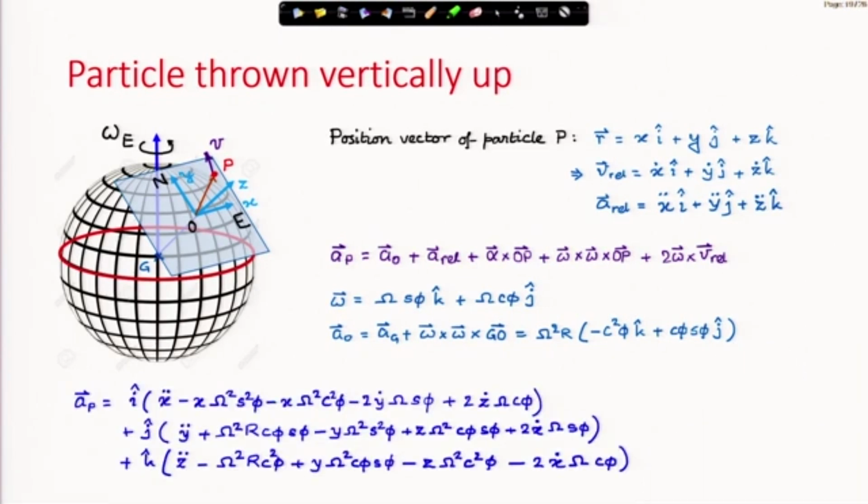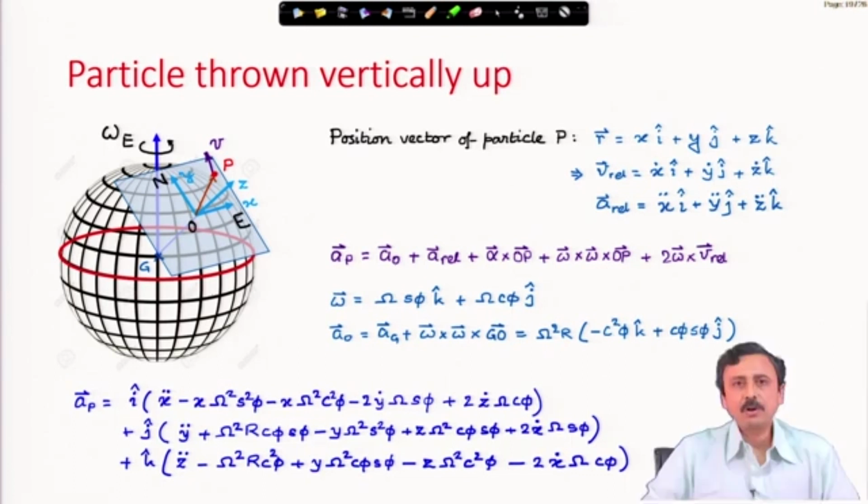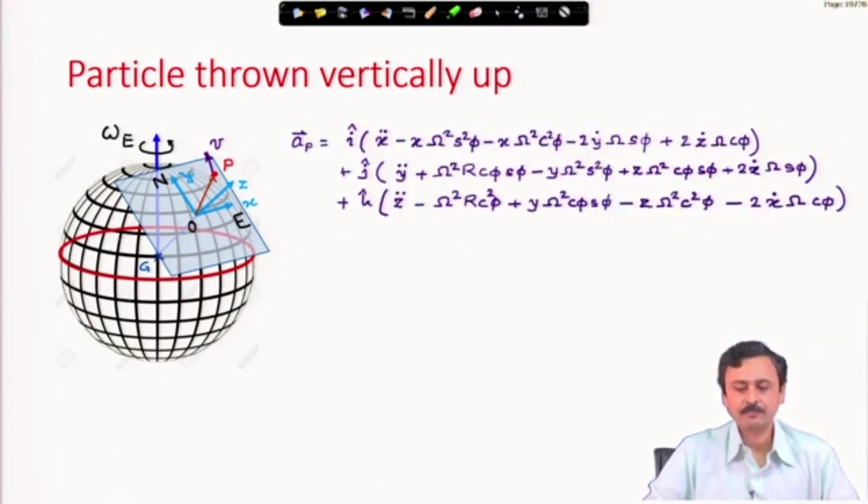Now, if you use all these expressions in the inertial acceleration of the particle, you will get this very complicated expression. But this is straightforward algebra. You have to just plug in these values, and you will get this expression of the inertial acceleration of the particle.